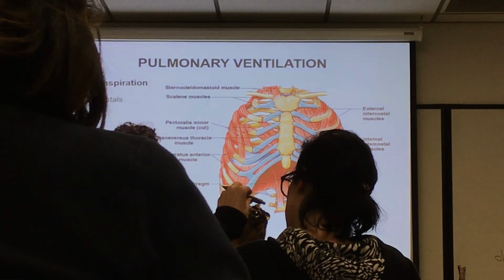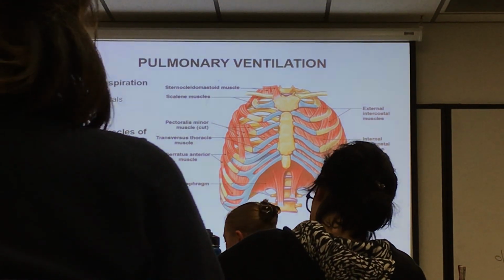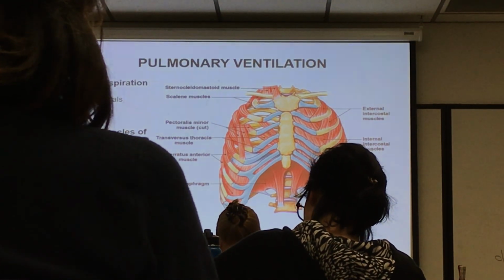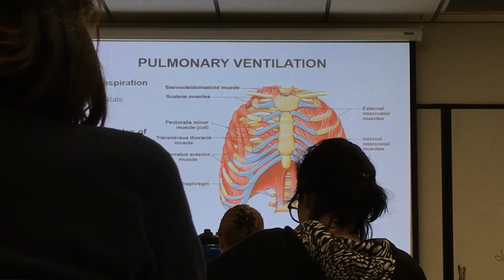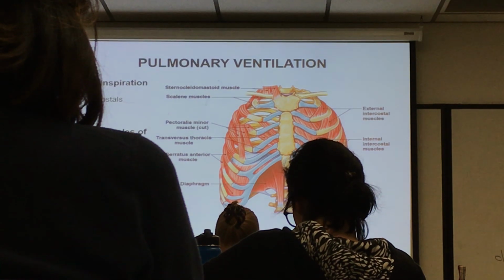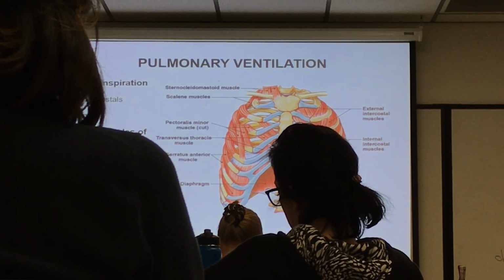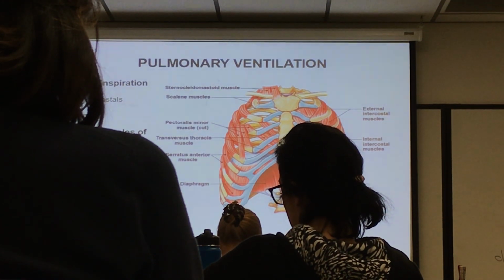We don't suck air in, we lower the pressure in the thoracic cavity so that atmospheric pressure pushes air in. When we want to exhale, we decrease the volume of the thoracic cavity so the pressure goes up and we push air out, all right? So breathing is a reversal of pressures, pushing the air in and pushing the air out.